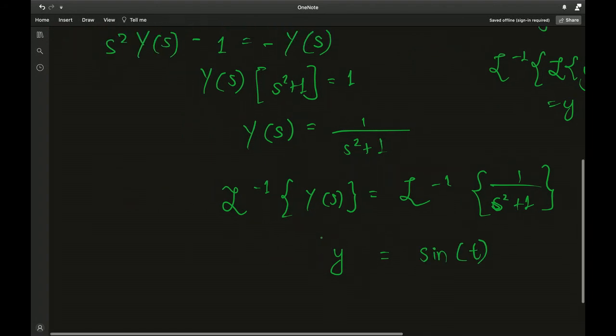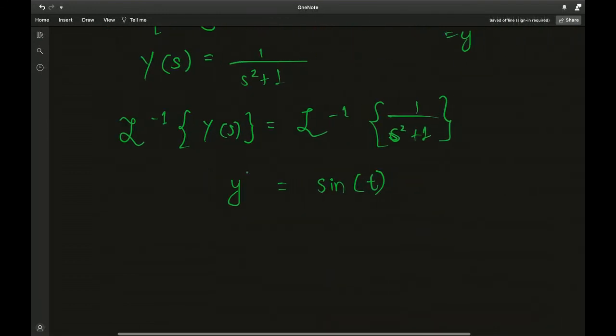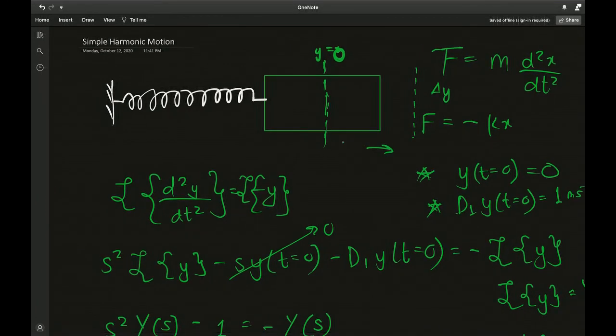Because we originally had everything in terms of t, right? The y was a function of t. And this perfectly fits the behavior of this system. If you check the graph of the displacement of this, both of them have an appropriate periodic nature.